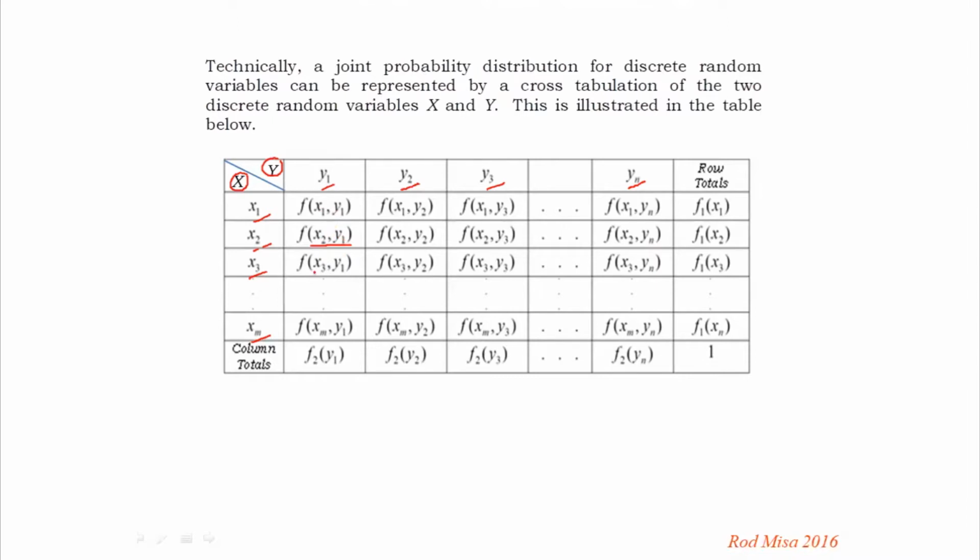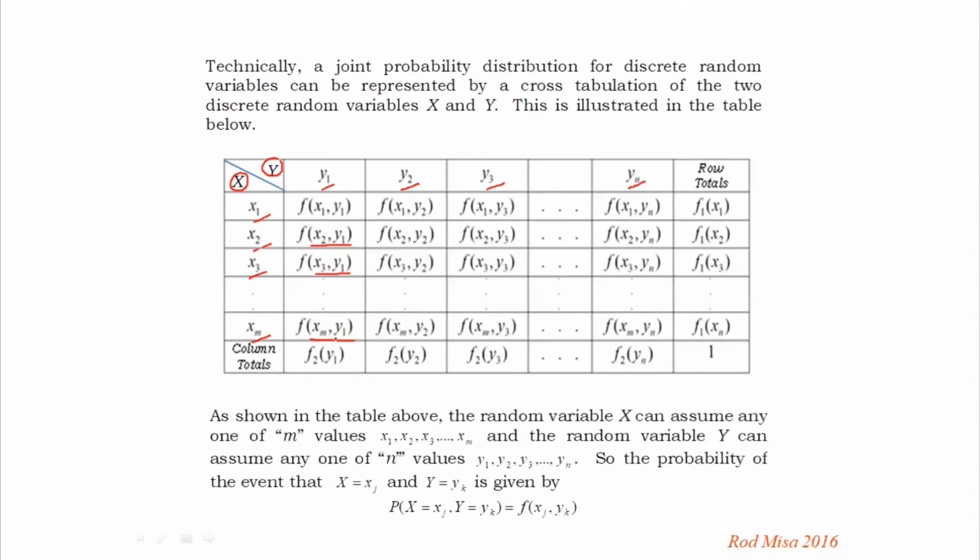And this one is the probability value of the pair x sub 3 and y sub 1, and so on, until we have the probability value of the pair x sub m and y sub 1. If you add all these probability values in this first column, we have the sum, which is f sub 2 of y sub 1, because you are adding across all x's here.